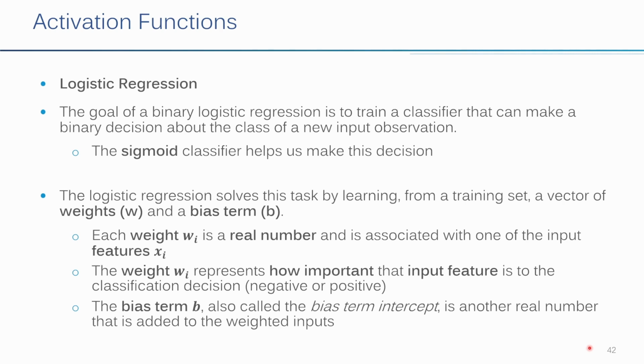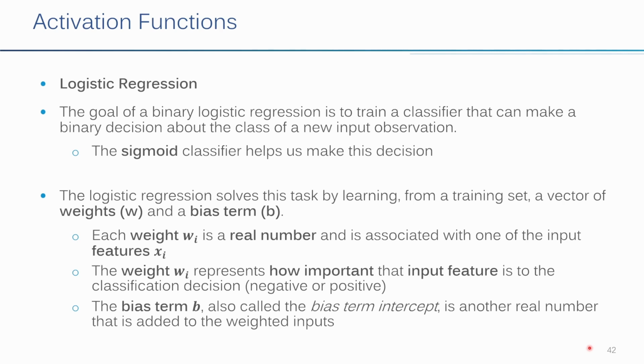So for any input data that I have, I want to be able to classify this into some sort of tag or classification, giving a certain confidence value or a certain probability level. And then the sigmoid function, or the sigmoid classifier, helps us to make this decision. So using this classifier, we can classify this new input observation.